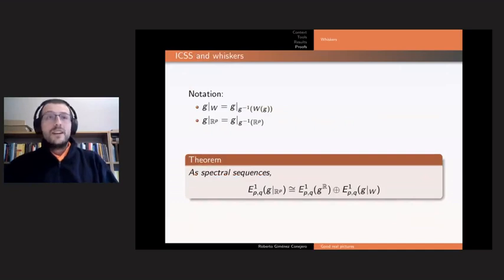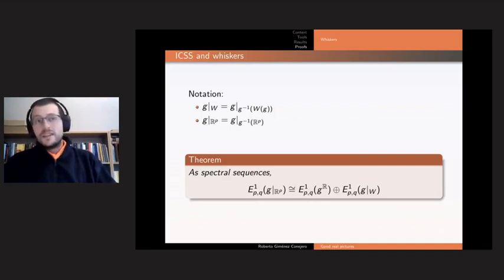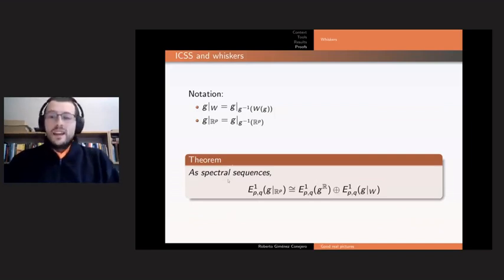Because of this fact, we can prove the following. So now, this is going to denote the restriction to the whiskers, and this is going to denote the restriction to the reals. So you have this, the real image and the whiskers. This is everything. These image computing spectral sequences, this is the E1^{p,q}.